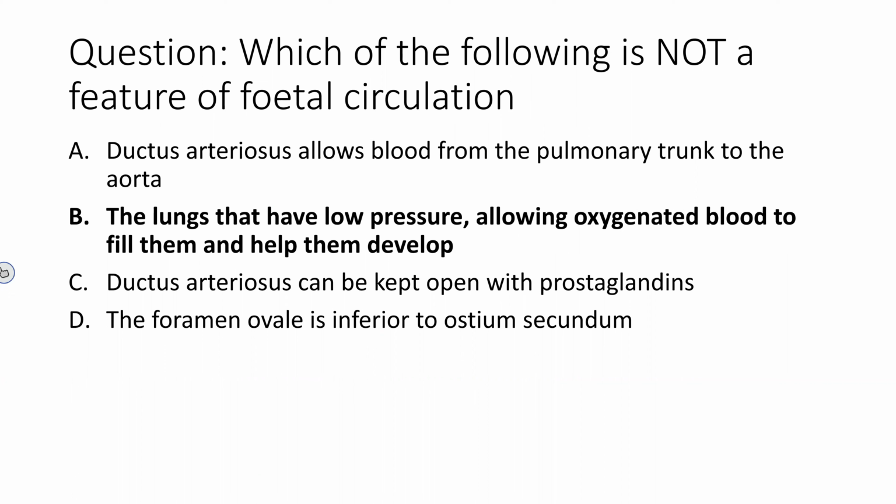Why that's not true is because the lungs actually have high pressure, which stops oxygenated blood going to the lungs. But going through all the true answers, the ductus arteriosus can be kept open with prostaglandins, and they do that in some pathologies, like that we'll talk about later. The foramen ovale is inferior to ostium secundum, and the ductus arteriosus allows blood from the pulmonary trunk to the aorta.